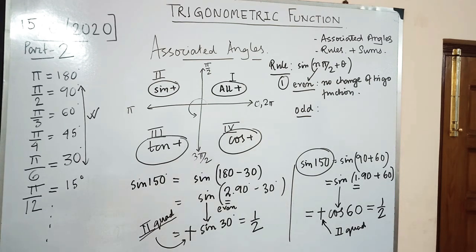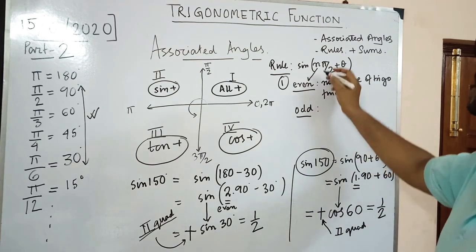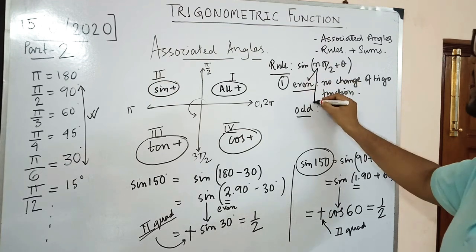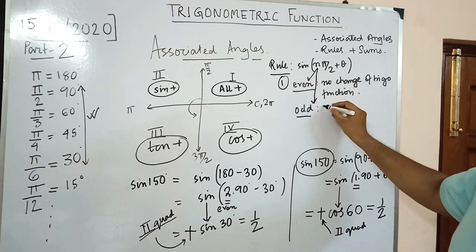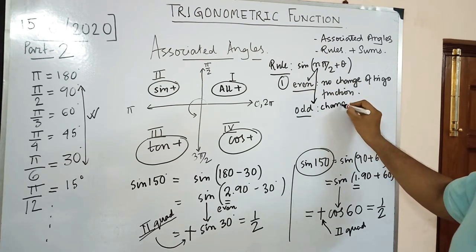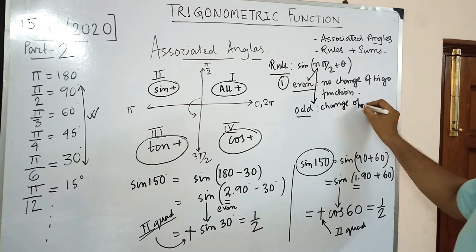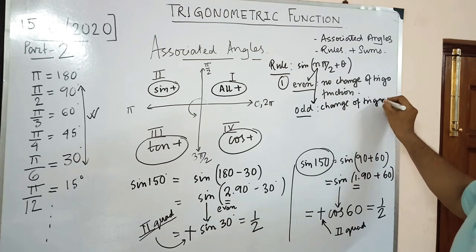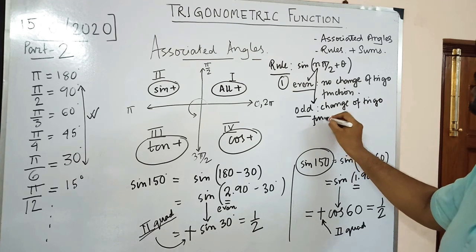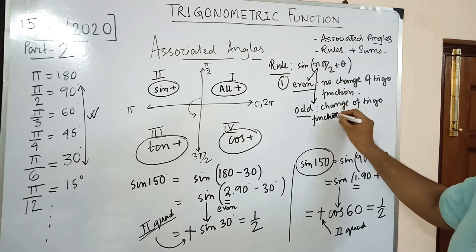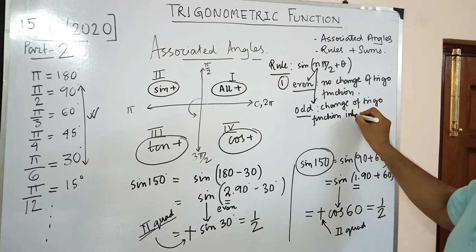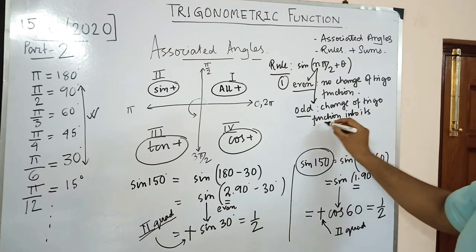So here we write the second rule. If n is odd, then what happens? There is a change of trigo function into its complementary function.